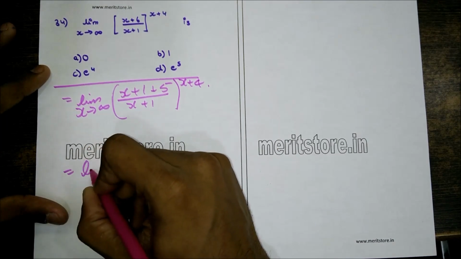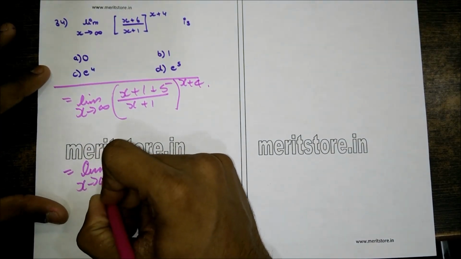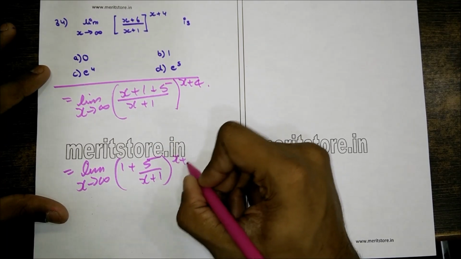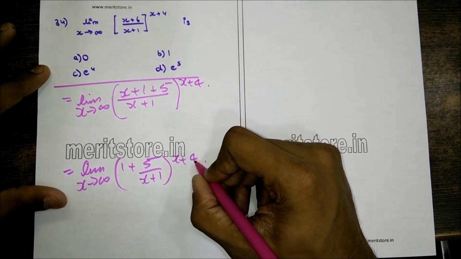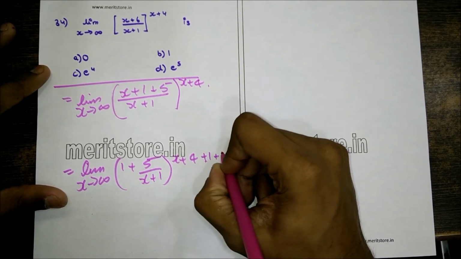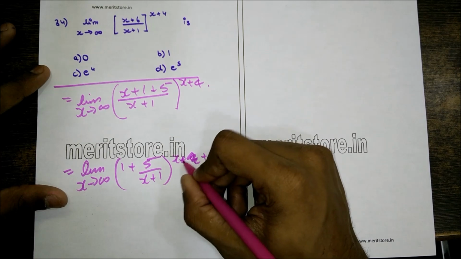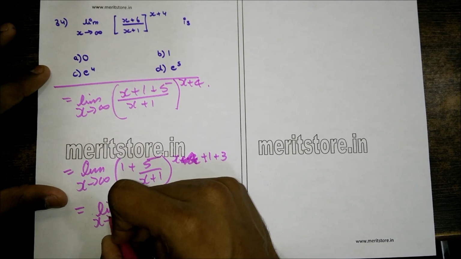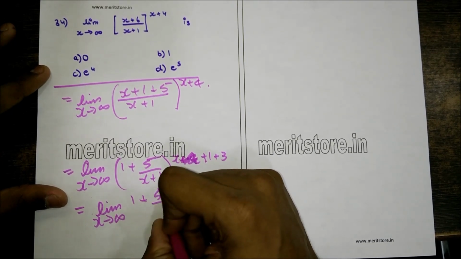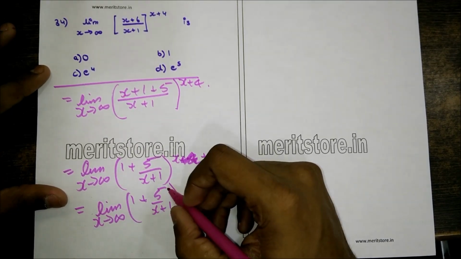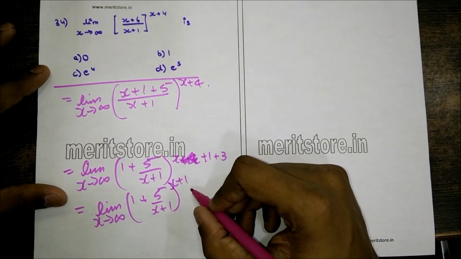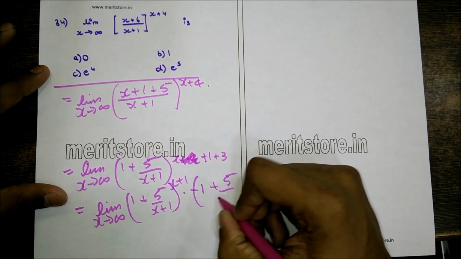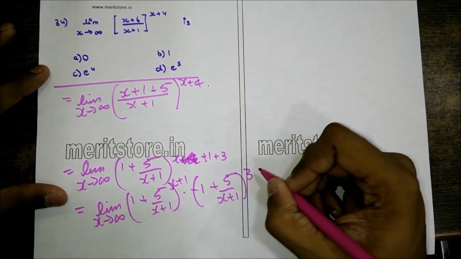Now that gives us limit of x tends to infinity 1 plus 5 by x plus 1 raised to x plus 4, and we could write the 4 as 1 plus 3. So we have limit of x tends to infinity 1 plus 5 by x plus 1 raised to x plus 1, into 1 plus 5 by x plus 1 raised to 3.